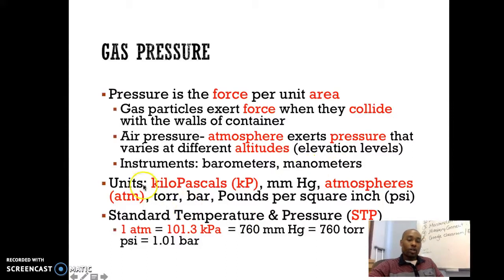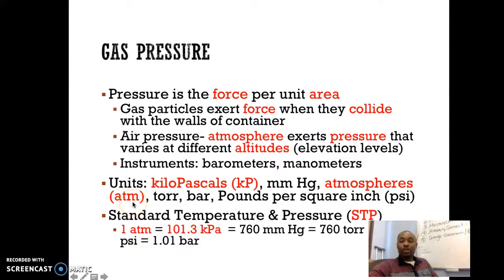Okay, and you also need to be familiar with some units associated with pressure. We typically use kilopascals, or kPa for short, or pascals. We sometimes use millimeters of mercury, so mmHg. That's also used to measure pressure. We also use the unit atmospheres, which we abbreviate ATM.